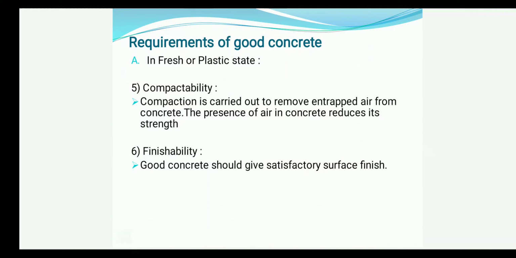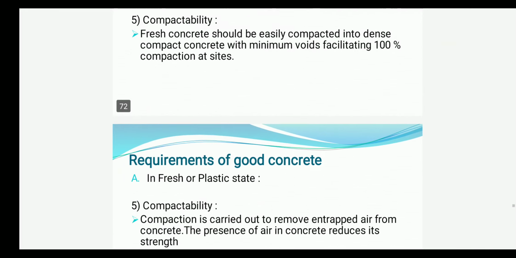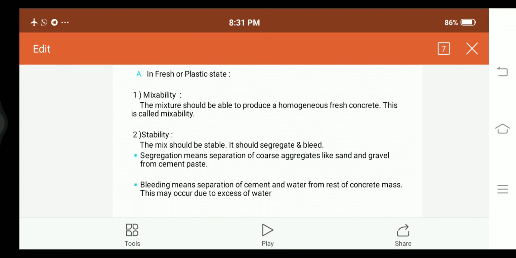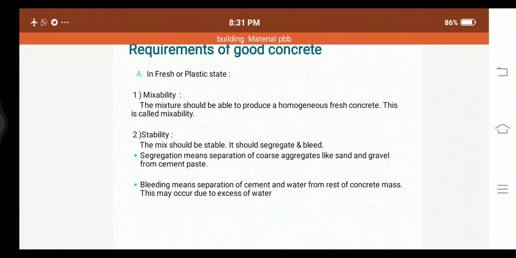So let us again revise the requirements of good concrete in fresh or plastic stage. There are total 6 requirements of the good concrete in fresh or plastic state. As we have discussed, the first requirement is the mixability.